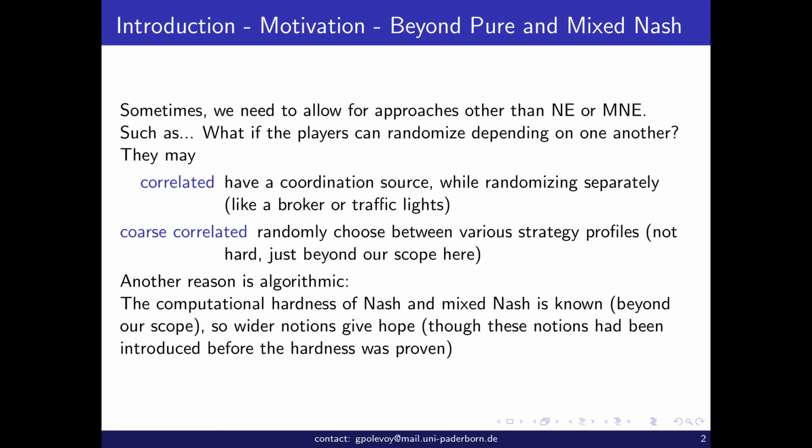It's also related to learning, because it's also provable that not only are we able to compute those correlated and coarse correlated equilibria, but we're also able to learn them. So the players, if they follow certain learning dynamics, are able to arrive at such equilibria, at least approximately, in polynomial time. And that's really practically interesting. So that's something which is important, non-trivial, but beyond the scope of our course.